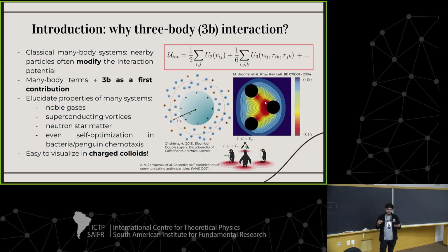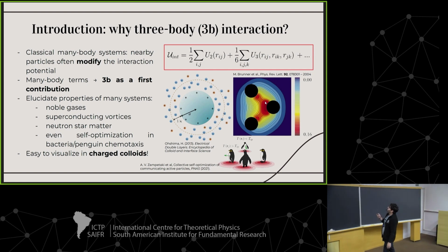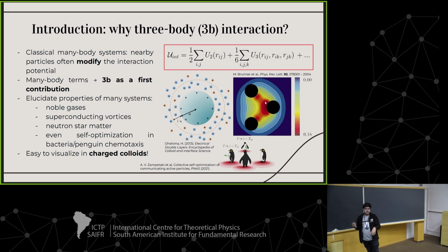So the first contribution we can insert in the system is the three-body term. We can add many-body terms, 4-body terms. And this potential depends on, for example, the positions of a given trio of particles.